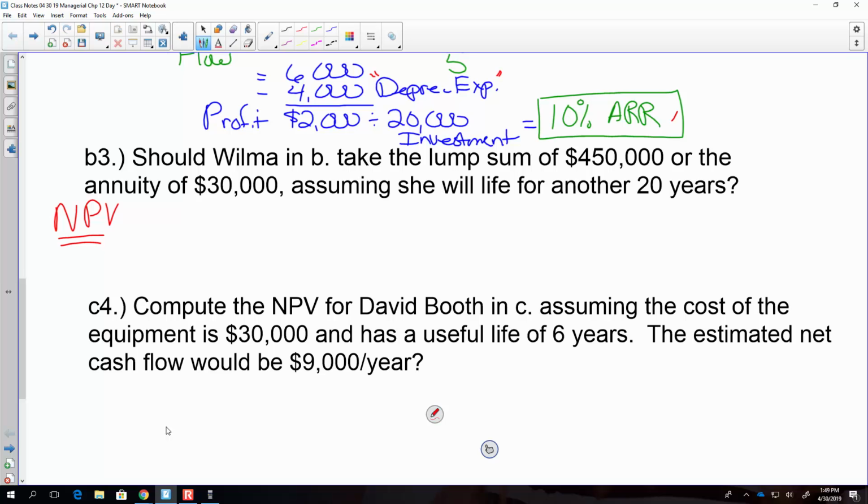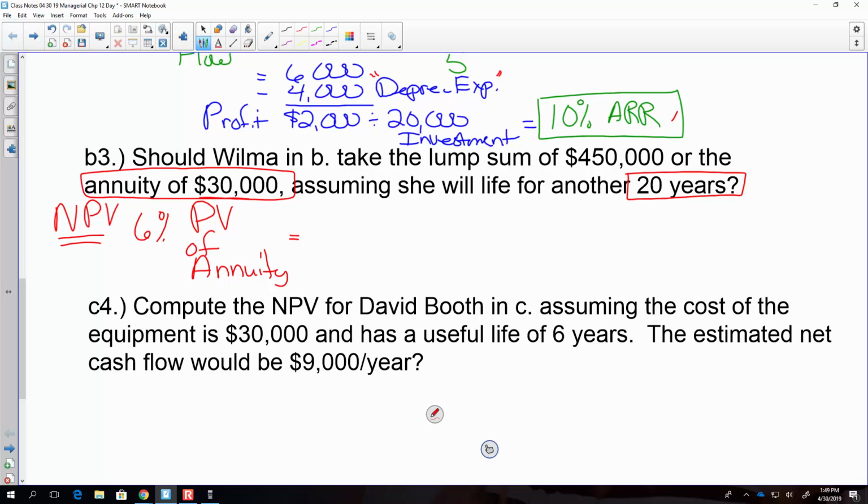So what is the present value of an annuity? An annuity is an amount that we get every year for, in this case, 20 years. So I'm going to get this $30,000 amount for 20 periods.